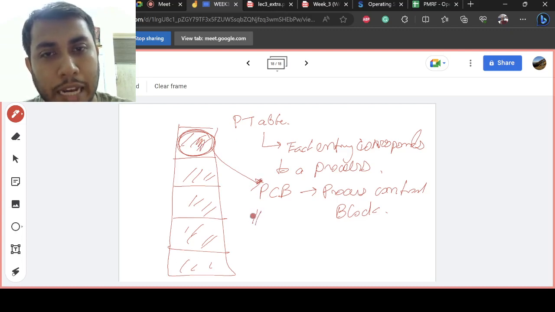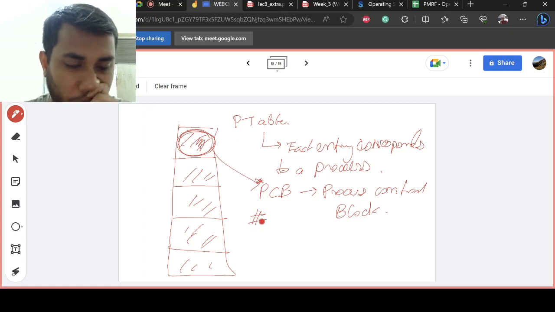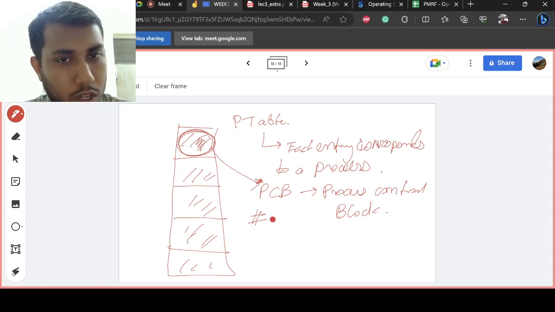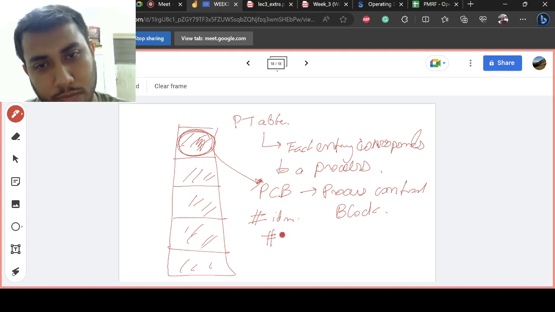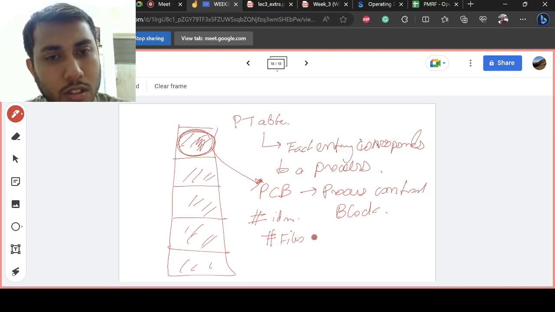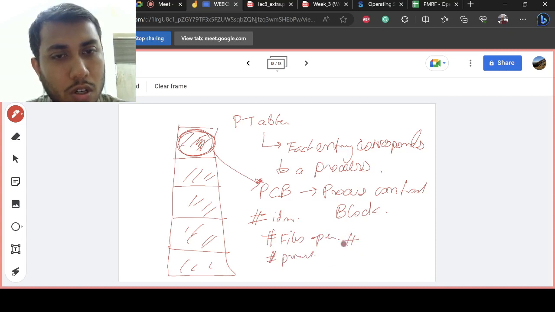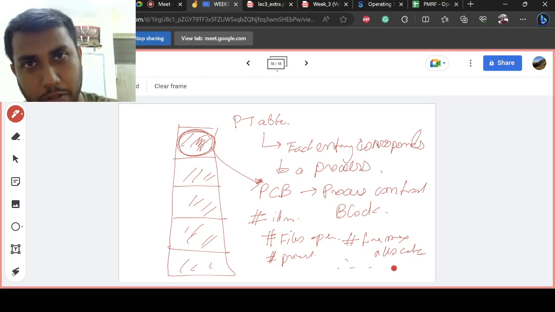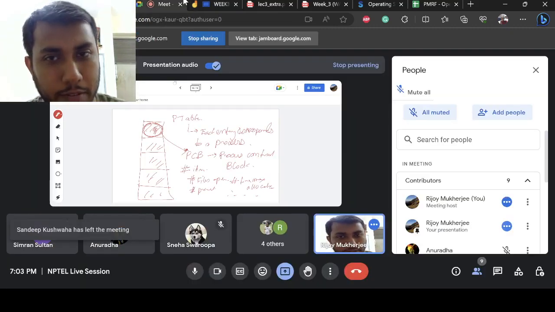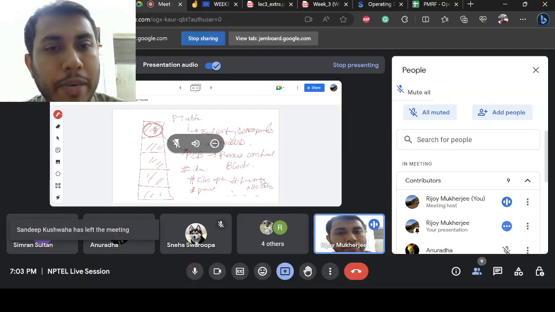The PCB accounts for your ID number, files opened, your priority, your max time allocated, and other things which we discussed 2 minutes back. So this is your PCB and this is your P table.